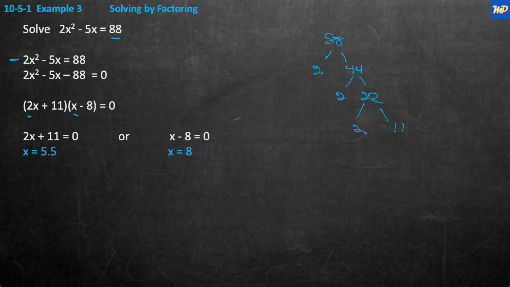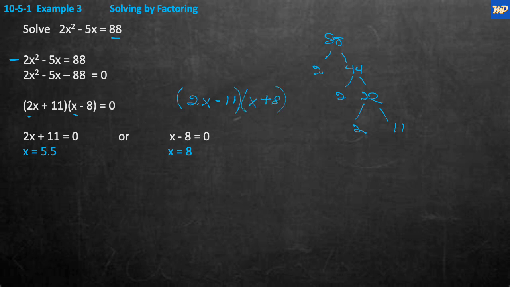We're going to get a negative 11 plus a negative 16. Well, let me rewrite it then. So it's going to be 2x, I'm getting a little confused myself, minus 11 times x plus 8.